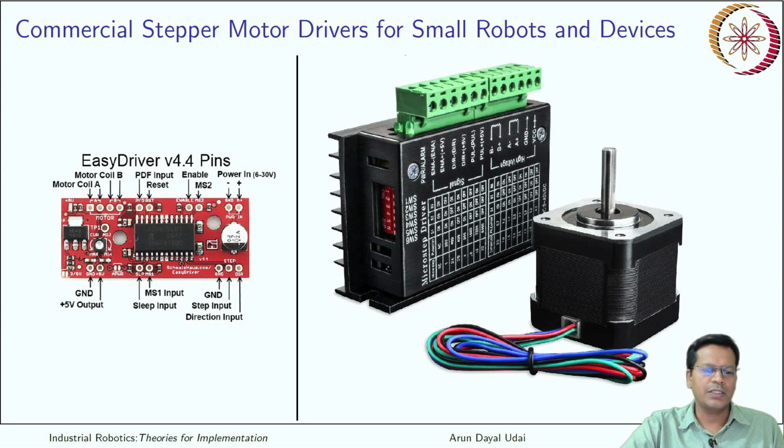It is a dedicated chip which has all the driver circuitry required to run a bipolar stepper motor, whereas the right one is an industrially safe one to some extent, and it has the capability to do micro stepping too.